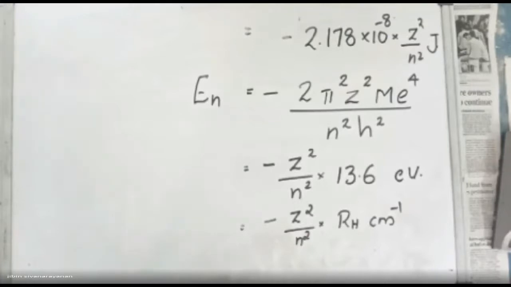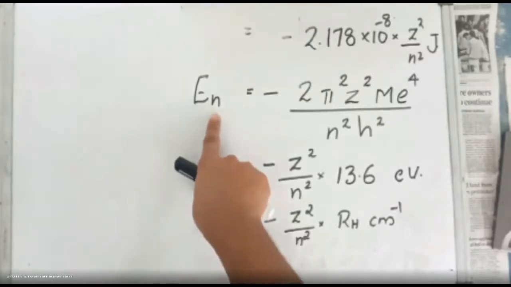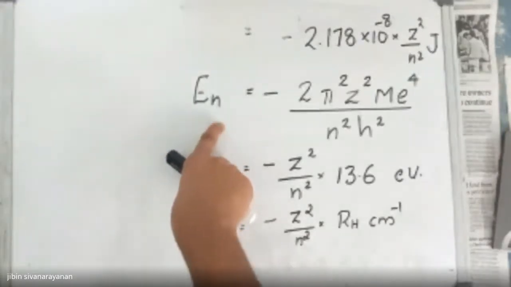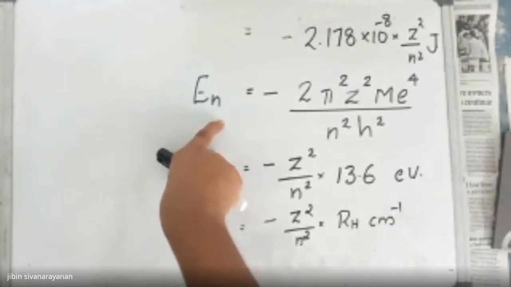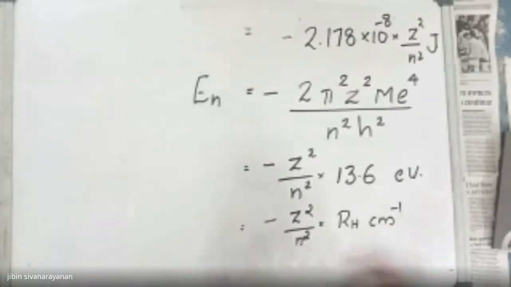Here n represents the number of the orbit, whose energy you have to find, that you can put here.